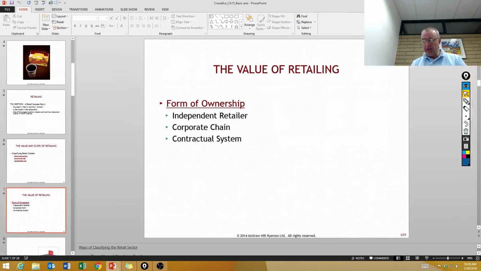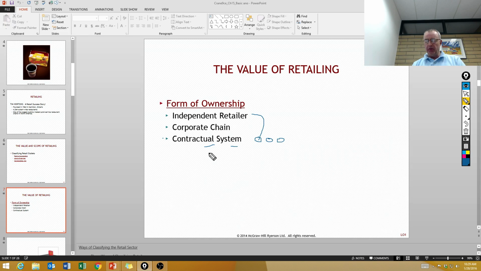Okay, so those are large corporate chains, and then we also have a contractual form of retailing. With the contractual form, we have two types here. These are independent stores, but they work together in ordering. The first kind is the retail sponsored cooperative.